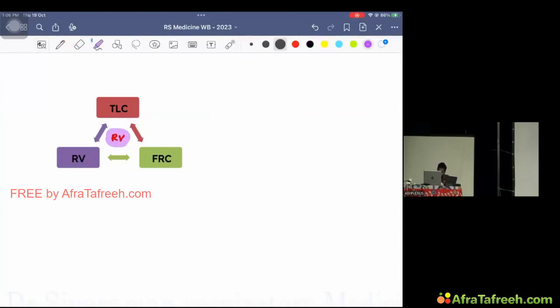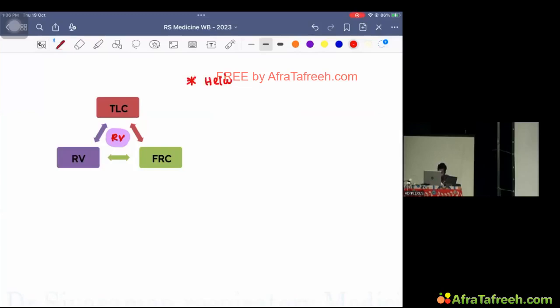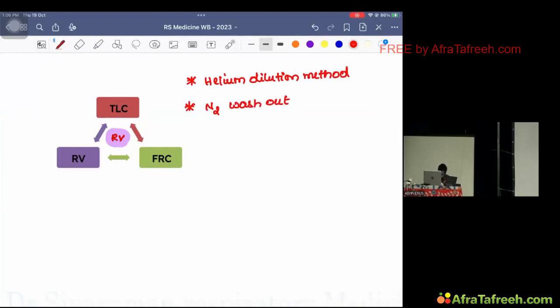No. So to measure RV, you can use certain methods: the helium dilution method, nitrogen washout method, and body plethysmography.